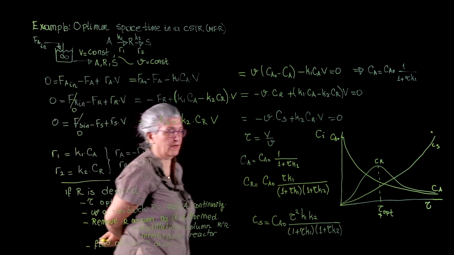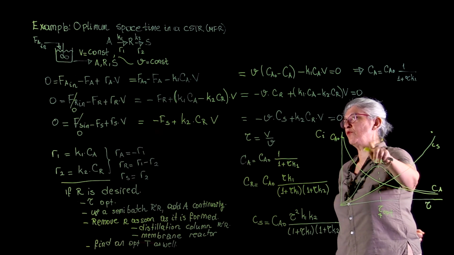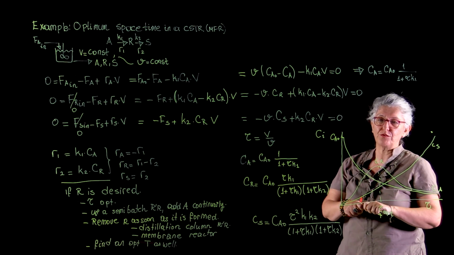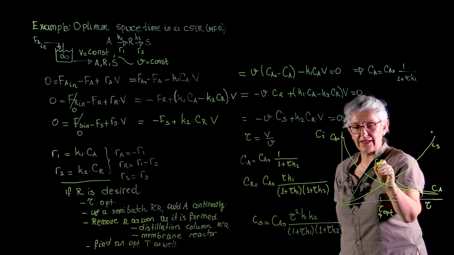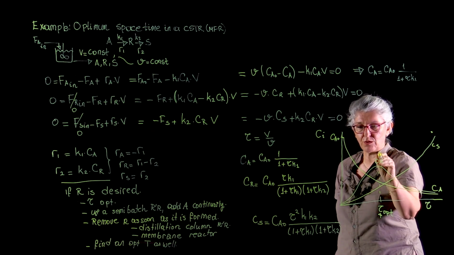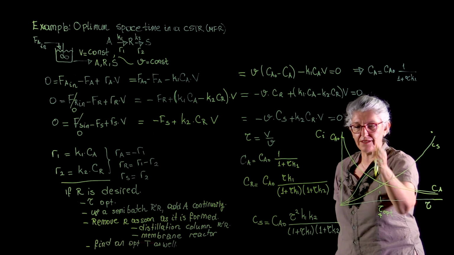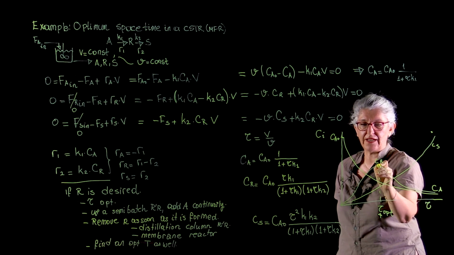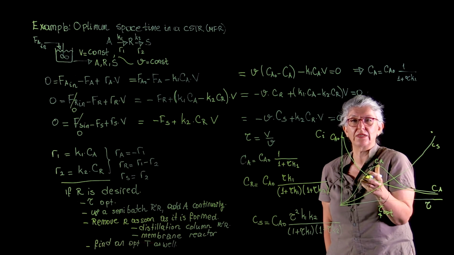Because if it is possible to remove R as soon as it is formed, we don't have to deal with the separation issues here. Now say that we have taken this optimum reactor space-time and we removed the content. At the effluent, I have so much CR, so much CA, and so much CS. So I have a mixture.